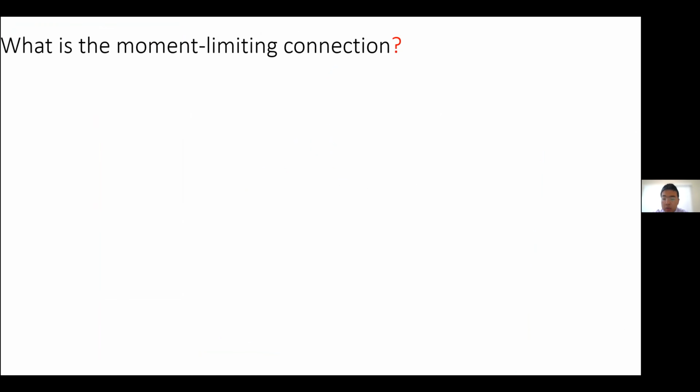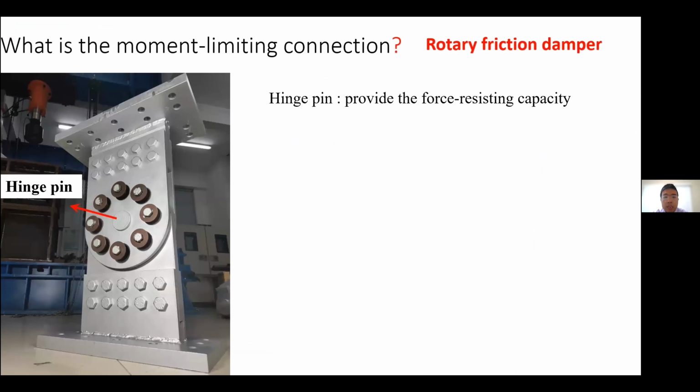So I propose a rotatory friction damper. In the center of this damper, we have the hinge pin to provide the force resisting capacity and also to produce a rotatory behavior.